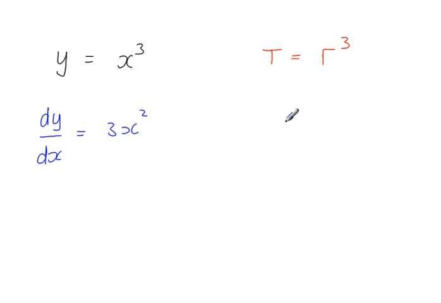Now you wouldn't write dy by dx underneath, there's no y and x in here. But it's very similar, it's dt, this letter here, by dr is equal to, bring the power to the front as before, reduce that power by 1, and there you go. And as you can see, these are very similar. But you don't have to stick to x and y, you could have other letters. So here x and y are variables, here r and t are variables.